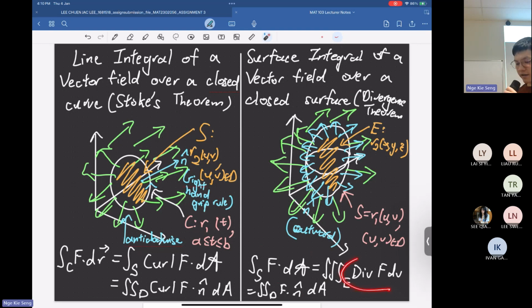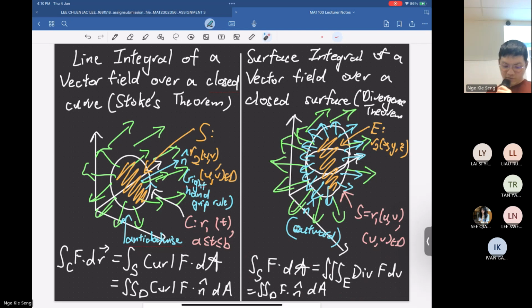So that's why the middle scalar field here is called the divergence of F, because the surface integral tells you how divergent the vector field is on my surface. Only when they line up will the dot product be positive.